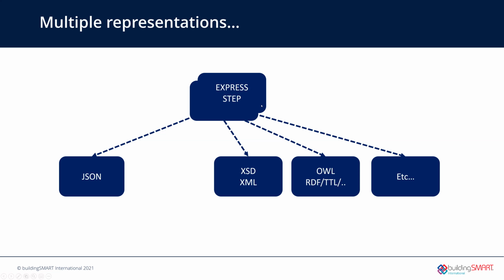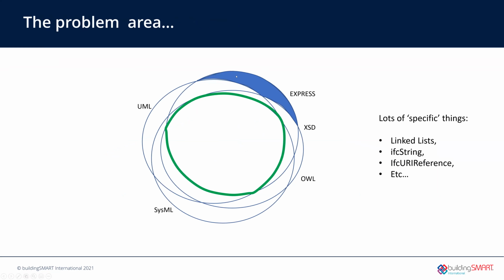Because of these weird STEP and EXPRESS modeling techniques, it is difficult to express it in a very nice way as XSD, and it's also a bit weird to express it as an OWL ontology. The problem is that there are a couple of very specific EXPRESS things in there, like linked lists, but also things that we made up ourselves, like this IFC string or IFC URI reference.